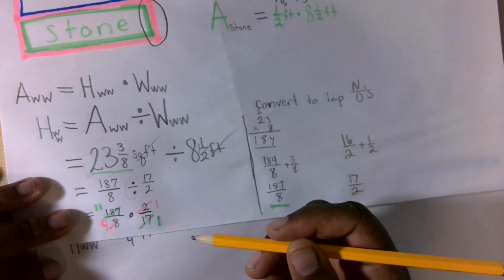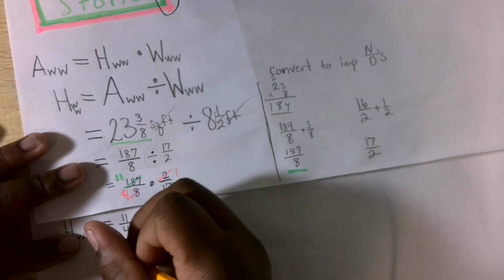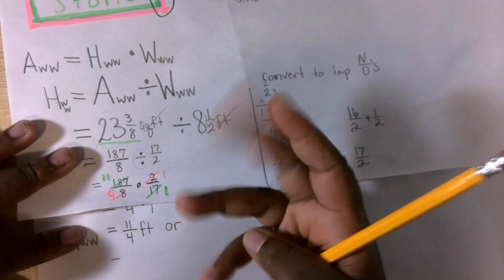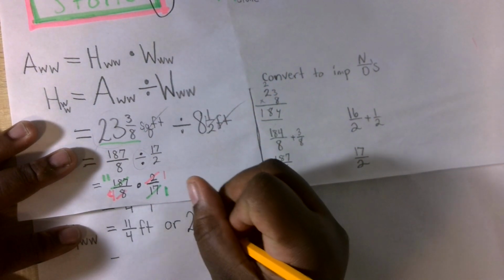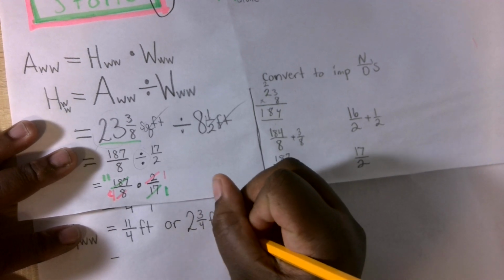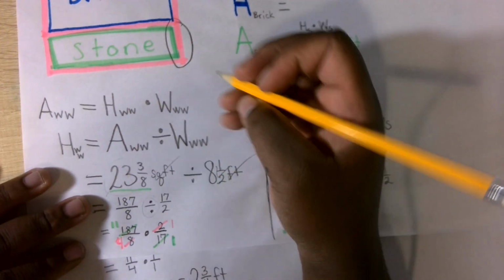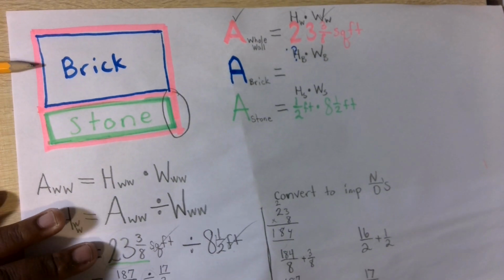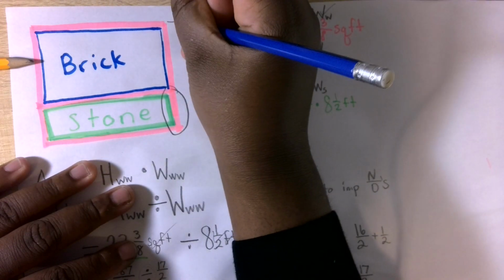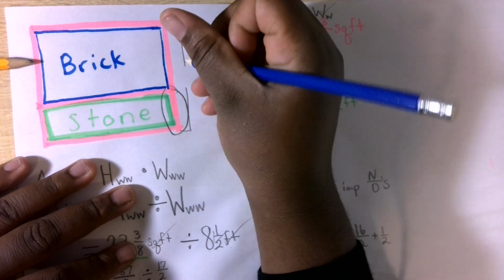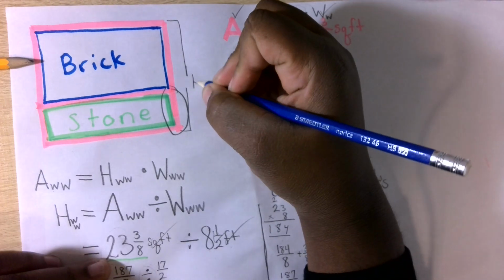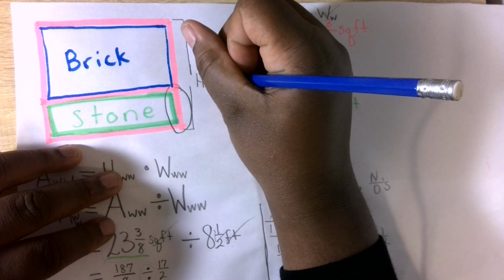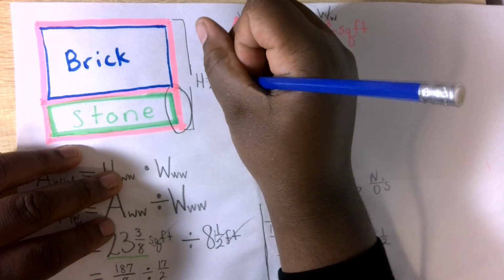The height of the wall is 11 fourths, or 4, 8, 12, so 2 3/4 feet. So this whole height, the stone part and the brick part together, has a height of 2 3/4 feet.